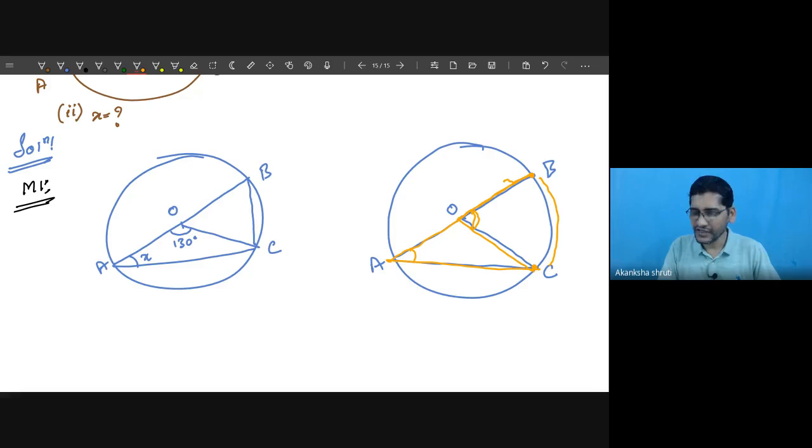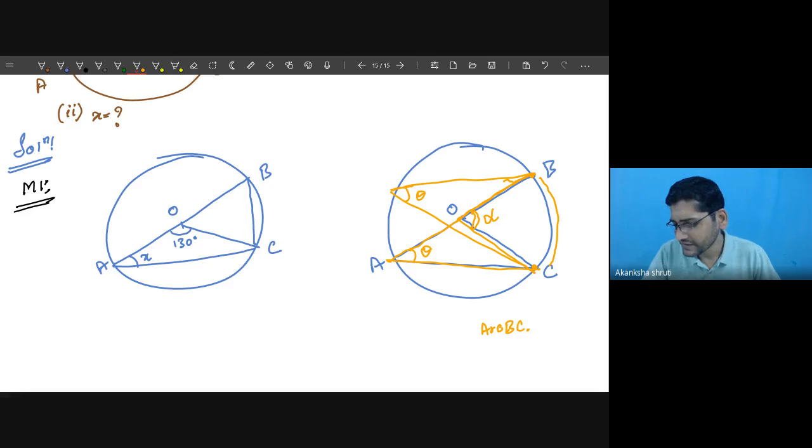Student, whether this one or this one, they mean the same. Whatever this angle alpha at the center, if this is the angle theta, we have also learned this will also be your theta, because on the same arc BC, arc BC is same.